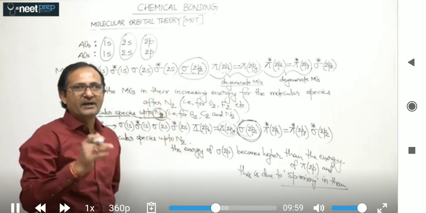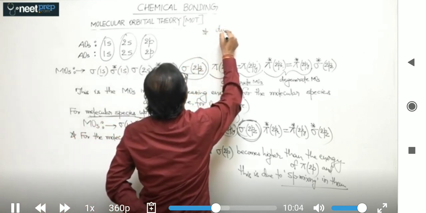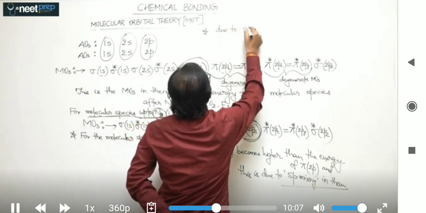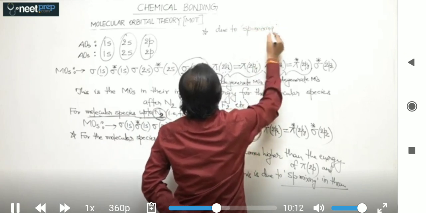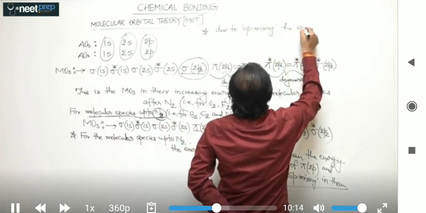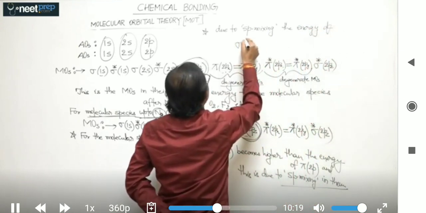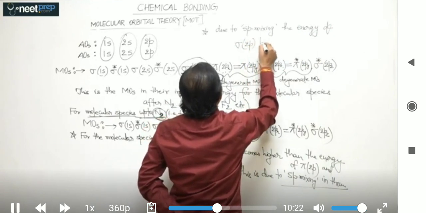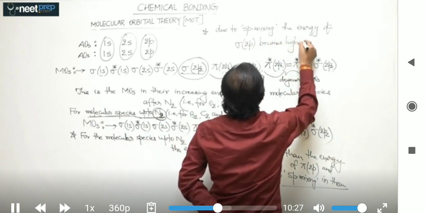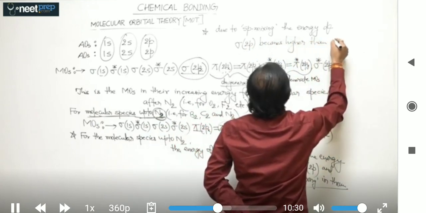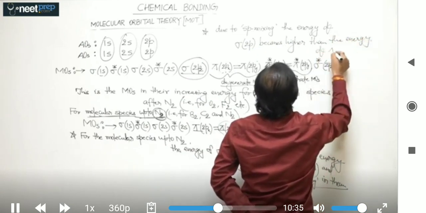So here it becomes clear that due to sp mixing, the energy of sigma 2p becomes higher than the energy of pi 2p.